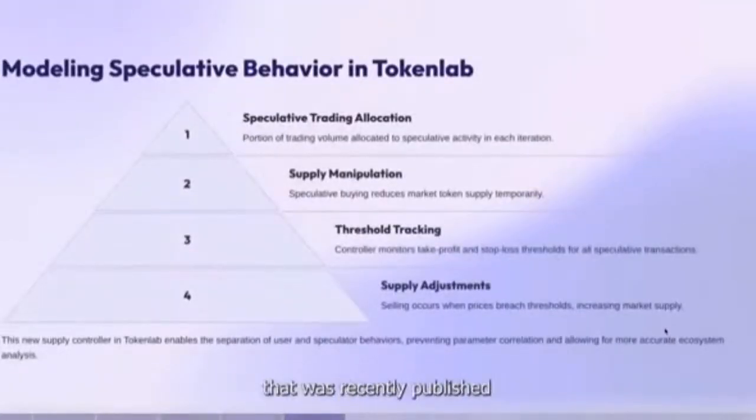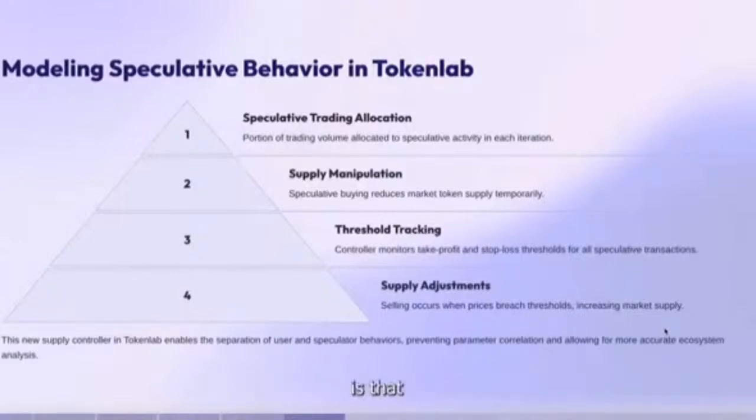The research that was recently published on arXiv tried to answer the question: how can you model speculative behavior and what can we learn from that? We broke the problem down into a few different stages: first the supply adjustments, then the threshold tracking, the supply manipulation, and the speculative trading allocation.